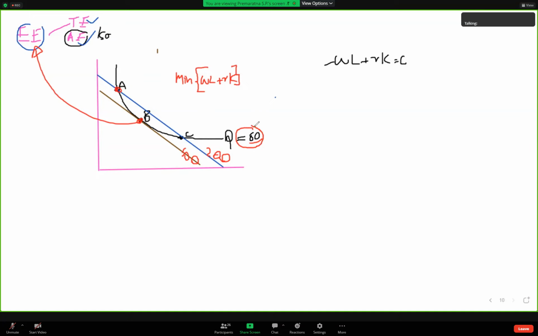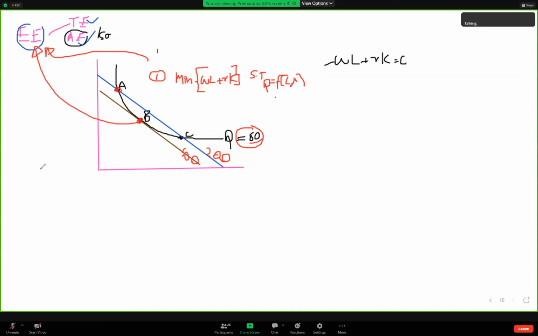That means subject to a given amount of output, in this case 80. Output is given, to produce with the minimum budget. So that's one strategy producers use to reach this economic efficiency point.